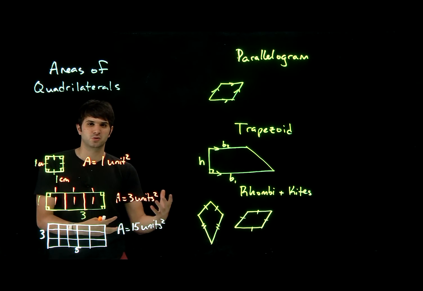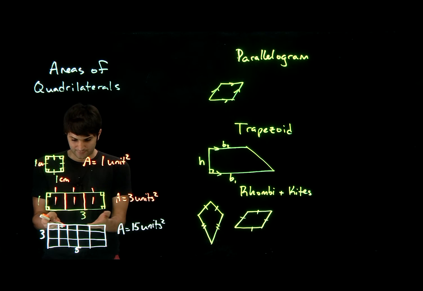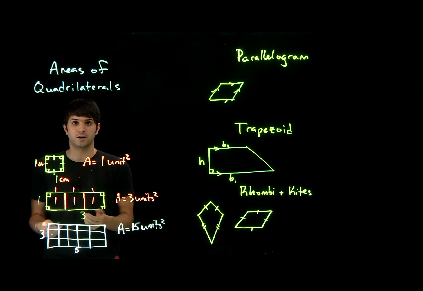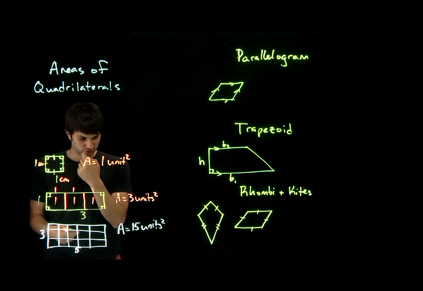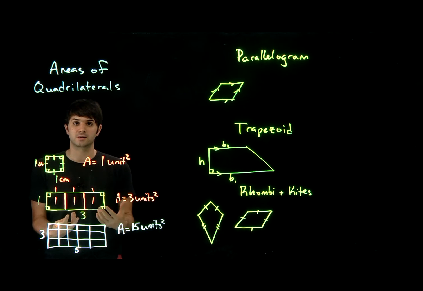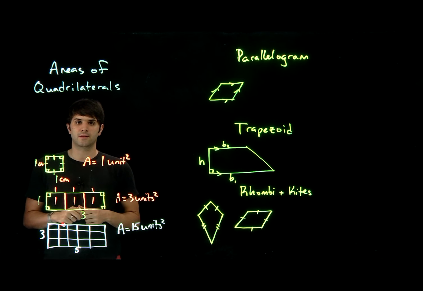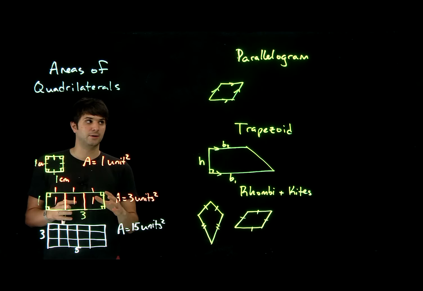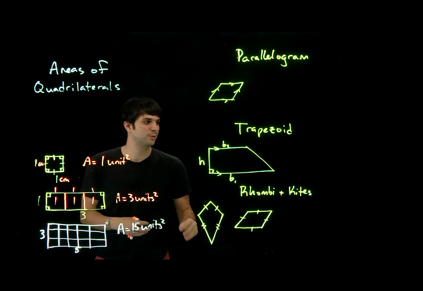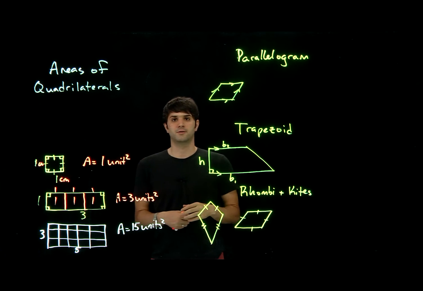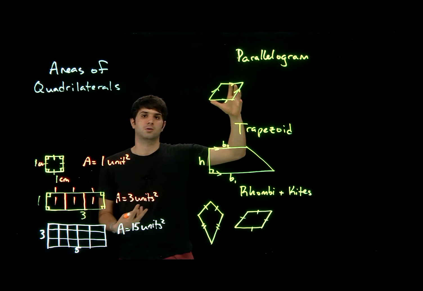And 15 squared is 225. There's obviously not 225 unit boxes here. There's only 15, so it's actually the units that are getting squared. So hopefully most people have a fairly good idea about this. What gets a little confusing is when we get into other types of more complex quadrilaterals.